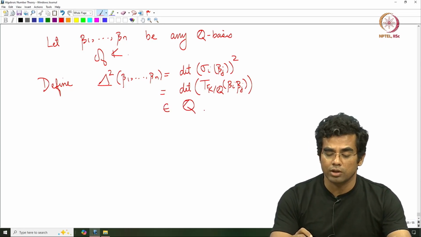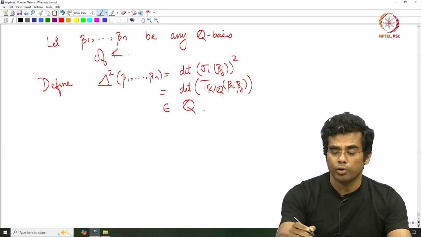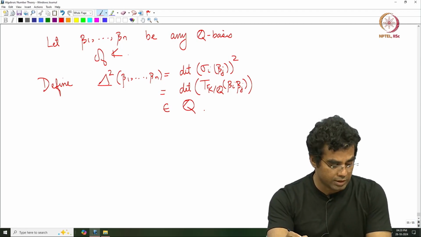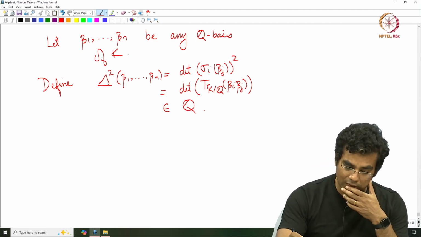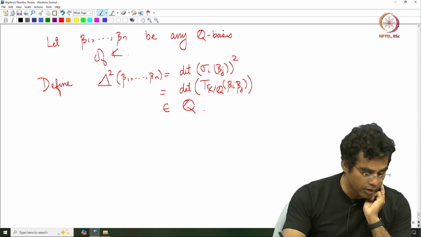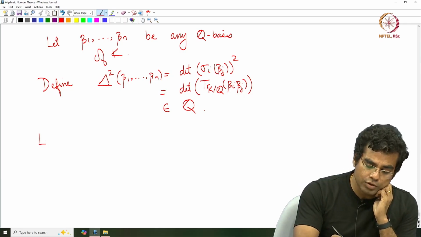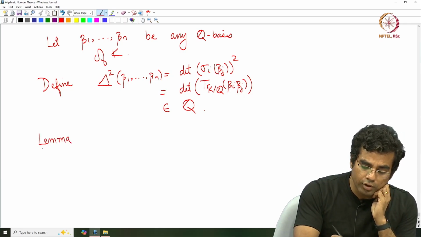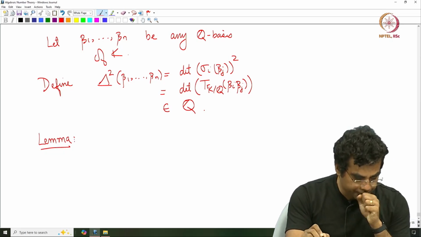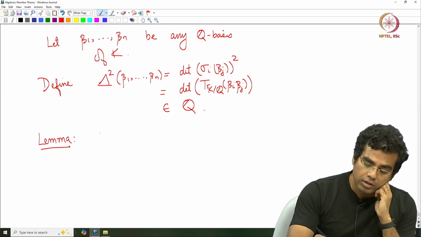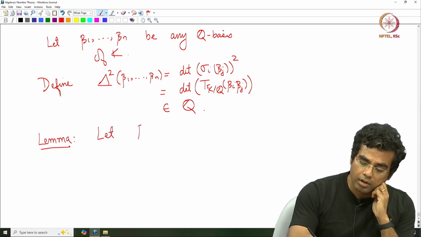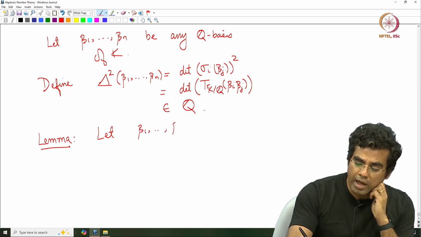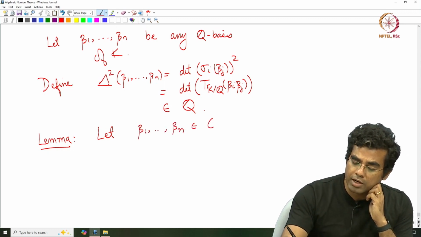So, if you did all the exercises that I gave you before, you would be able to prove all these things easily. All right. So, why is this useful? Well, one of the reasons why it is useful is because of the following lemma. So, let beta 1 up to beta n be elements of OK.